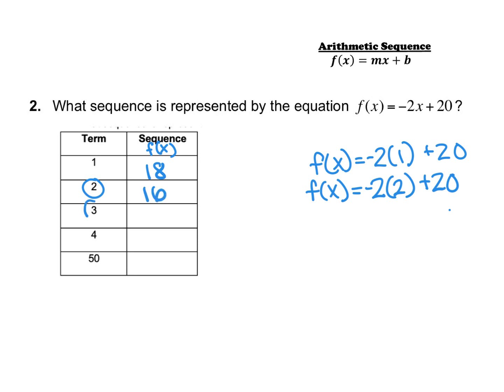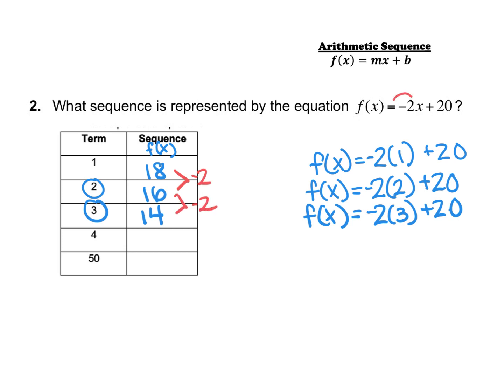And then for the third term, f of x is equal to negative 2 times 3 plus 20. So negative 2 times 3 is negative 6 plus 20. And so we'll be at 14. Now, if I wanted to extend my pattern, notice that what's happening is I am going down by 2 each time. And I also want to point out here, notice that that's the slope, that's the rate of change.